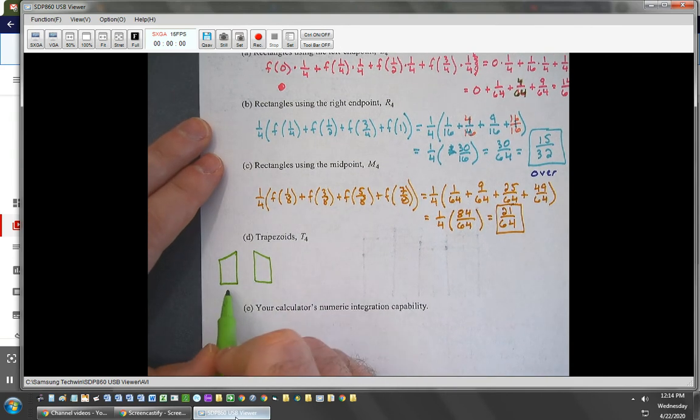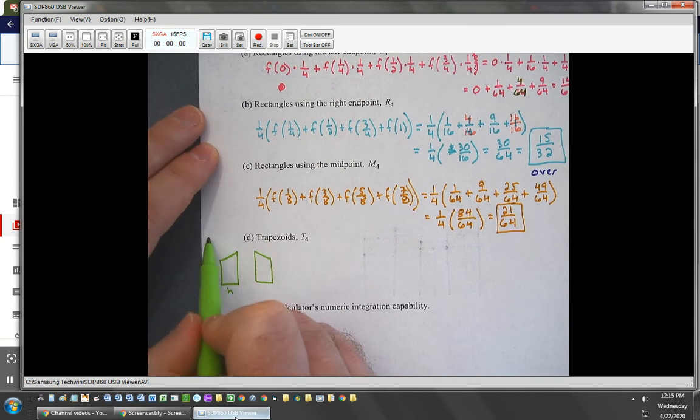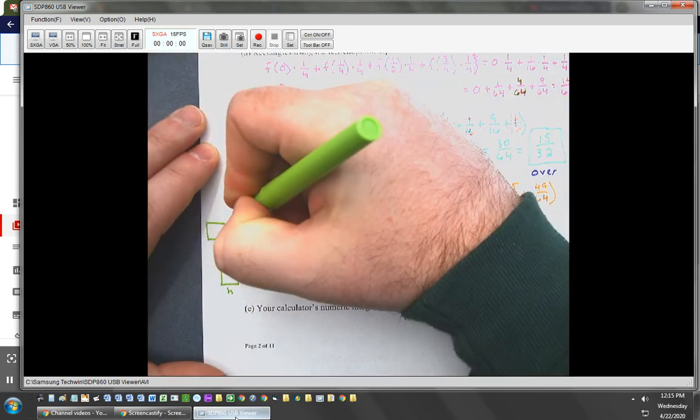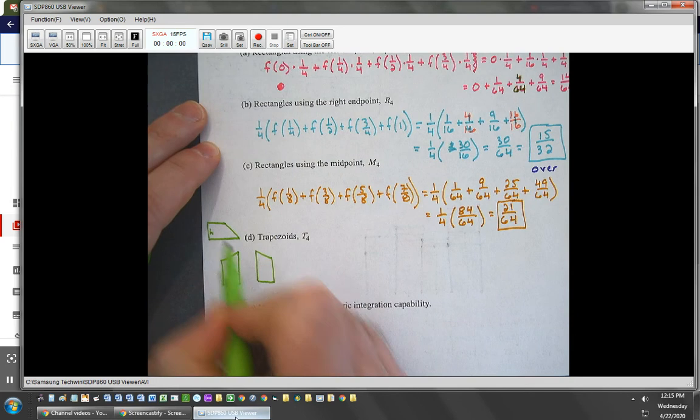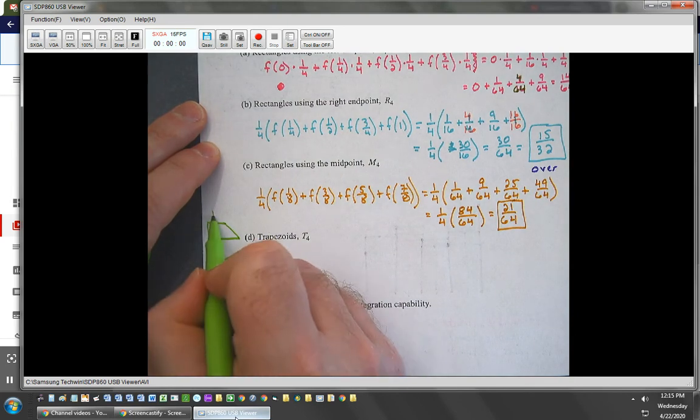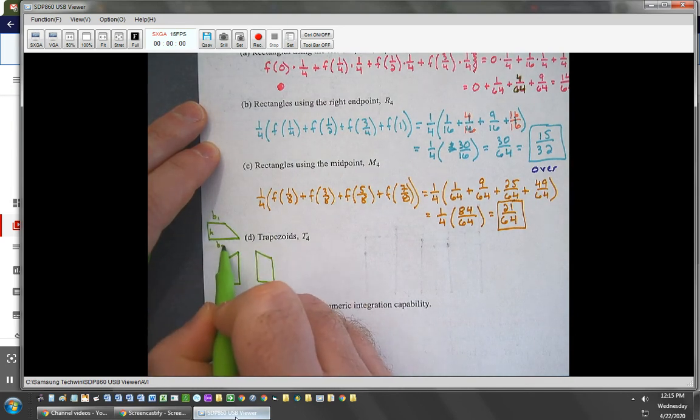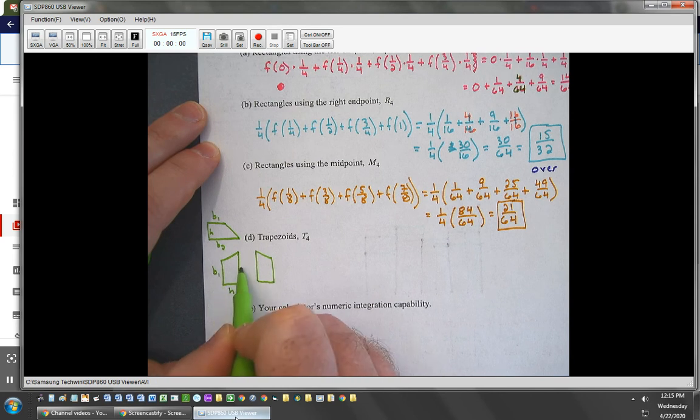We call this the height, believe it or not. Usually trapezoids are drawn like this, if you remember back to elementary school. This is the height, and we call this B1 and this B2.